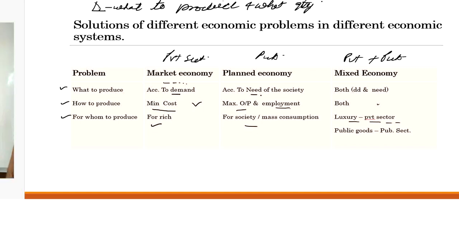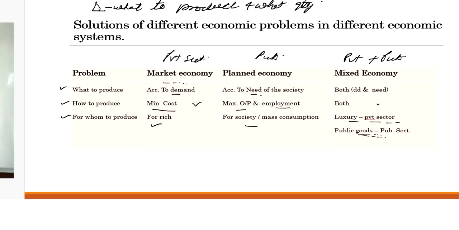Whereas all public goods are provided by the public sector. Luxuries are produced by private sector and all public goods like roads, bridges, dams, water supply, rationing, they are controlled. All key resources are controlled by the government.